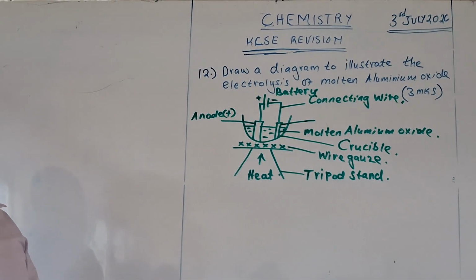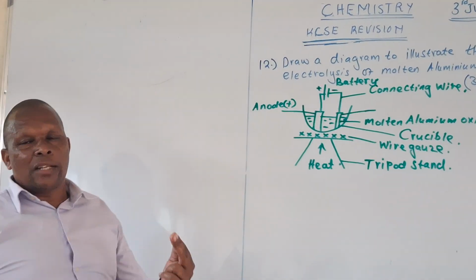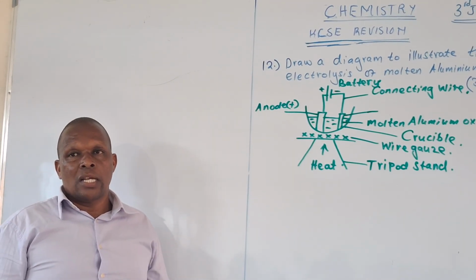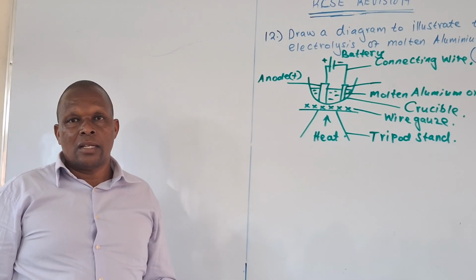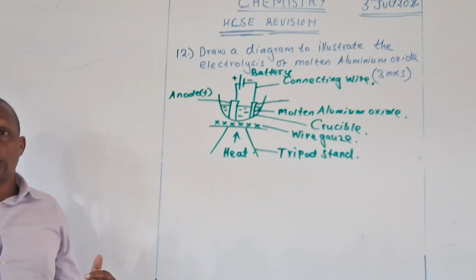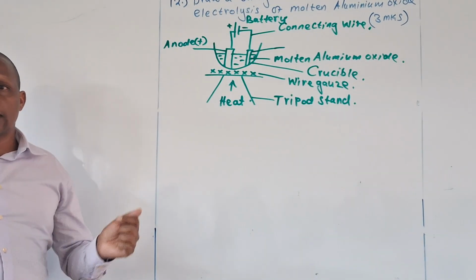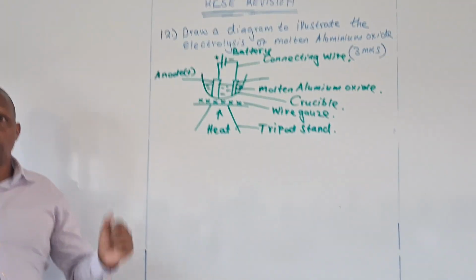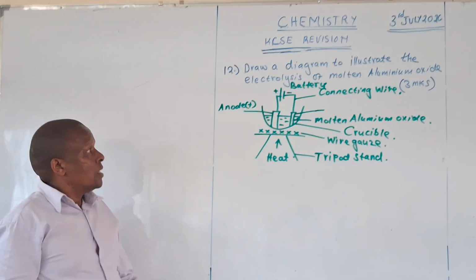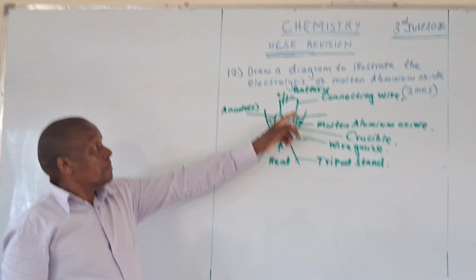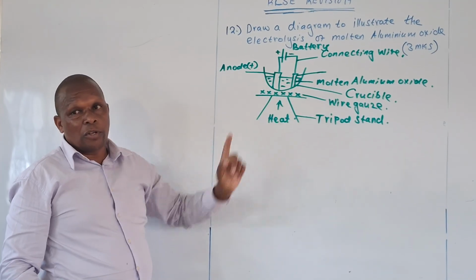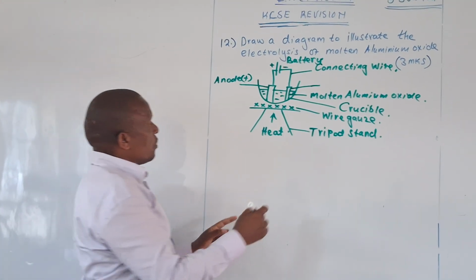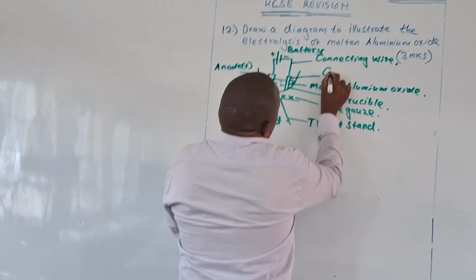So if you are asked to define an anode, there are two ways you can define it. You can say anode is the positive electrode. That is accepted. But you can say anode is the electrode that is connected to the positive terminal of the battery. Then you have this other electrode here, the negative electrode, because it is connected to the negative terminal of the battery. So this is now known as the cathode.